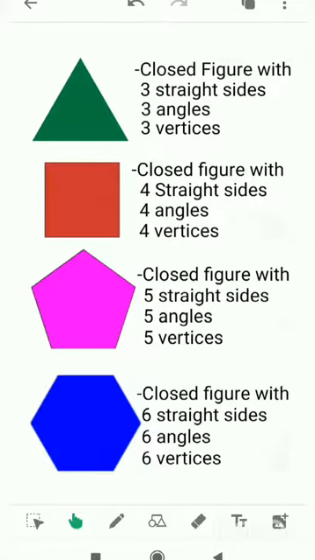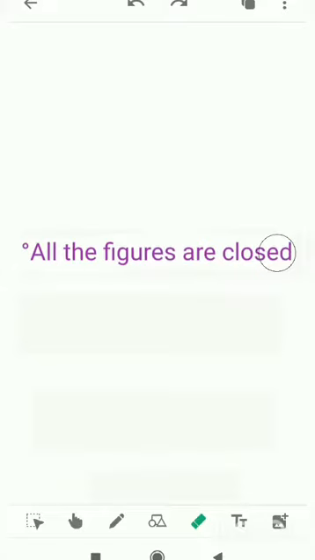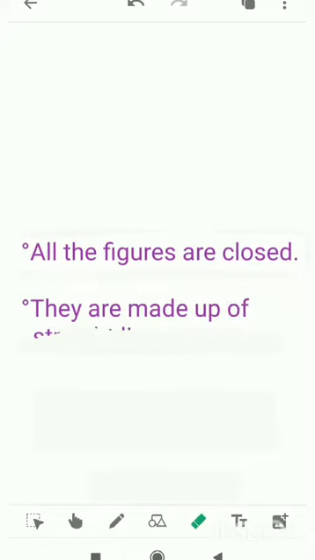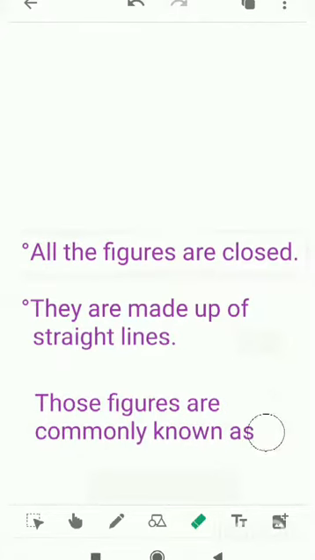What are the similarities of these figures? All the figures are closed. Yes, they are made up of straight lines. Those figures are commonly known as polygons.